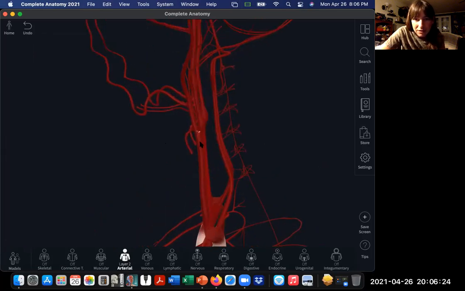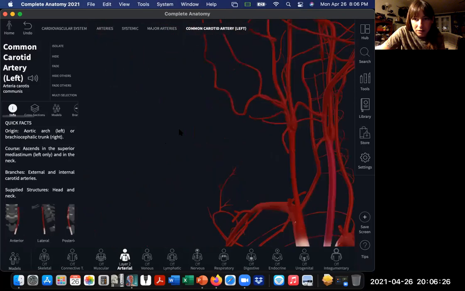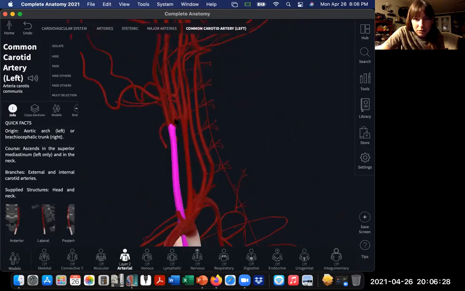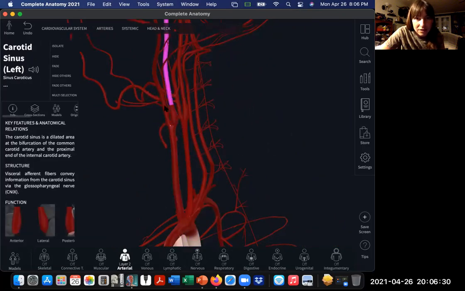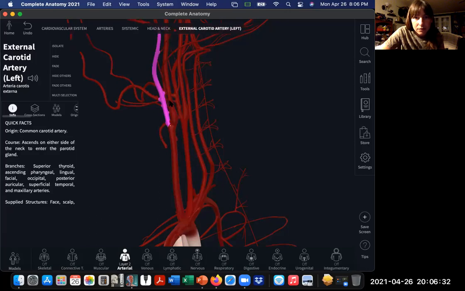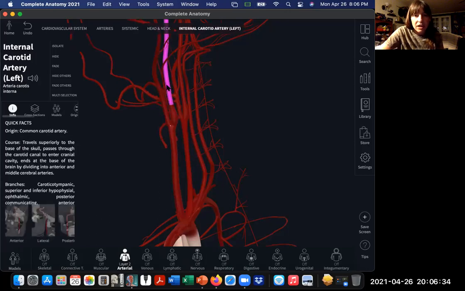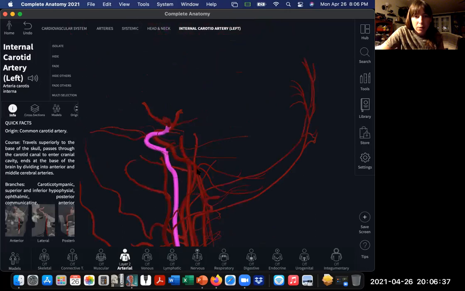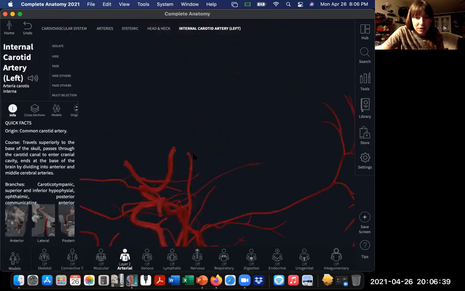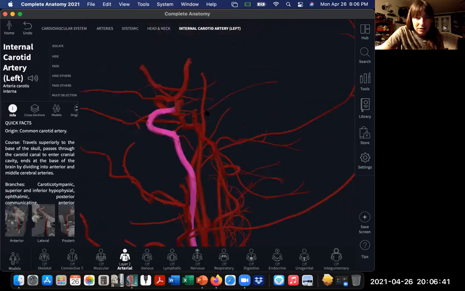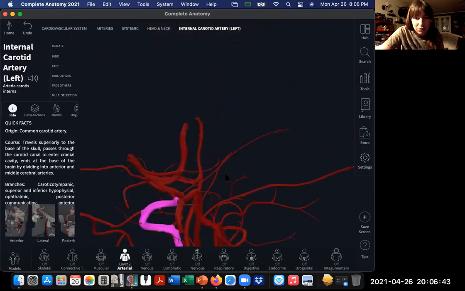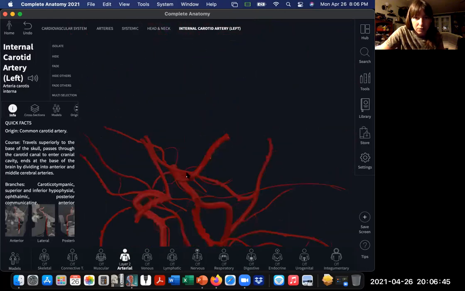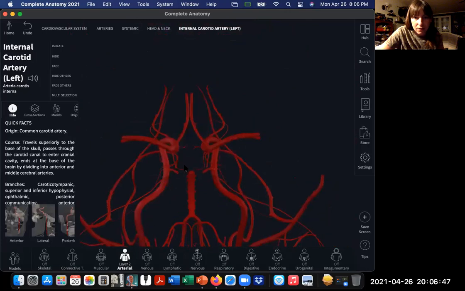Okay, from that common carotid. Don't mind that sinus. Okay. And if we follow these up, they will become part of that circle of Willis, which we can only see partially here because I've removed the rest. Okay. But the circle of Willis is here.